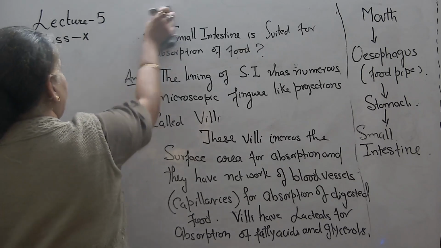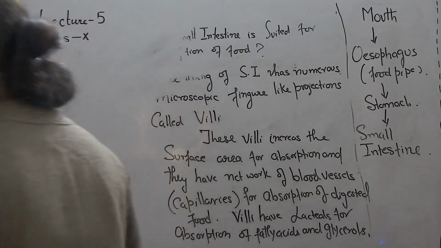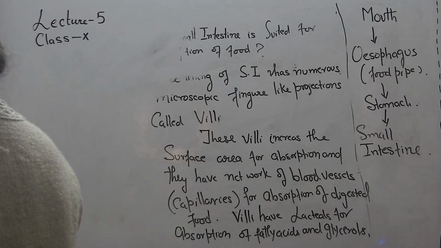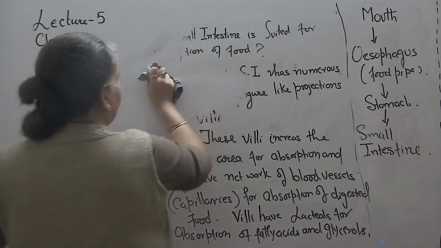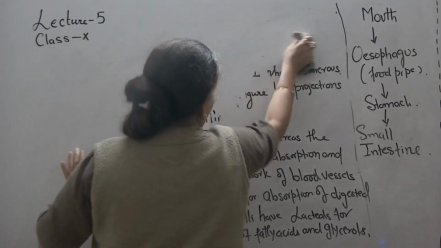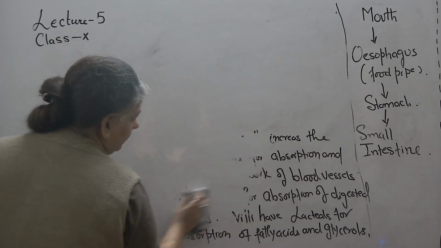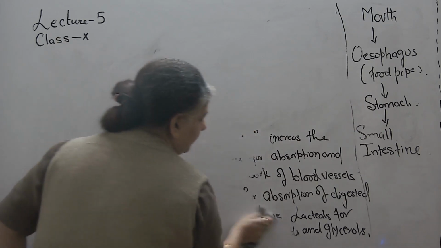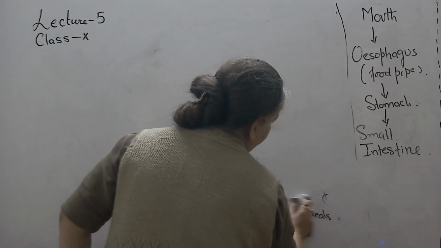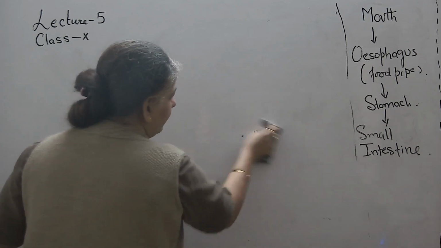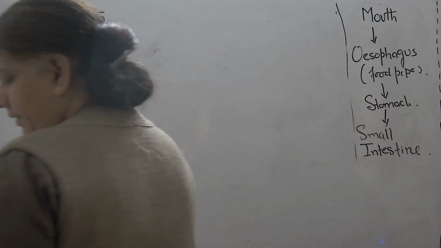Now whatever is left, that is undigested food material, needs to be removed from the body. So undigested food material will now be pushed into the large intestine. It is called large intestine, but it is smaller in length than the small intestine.